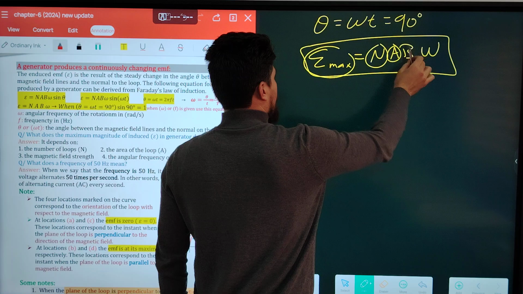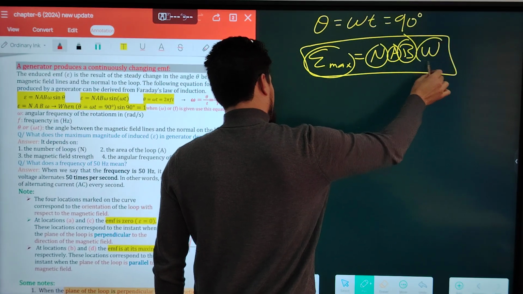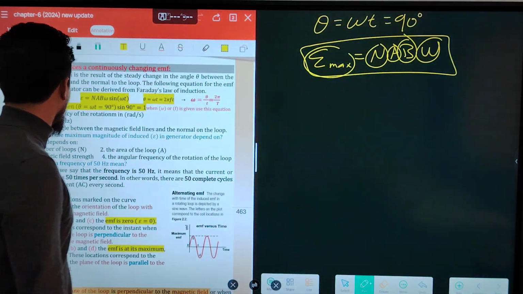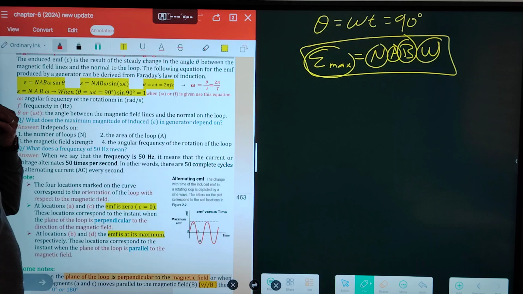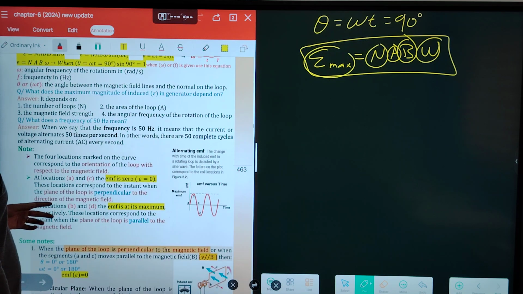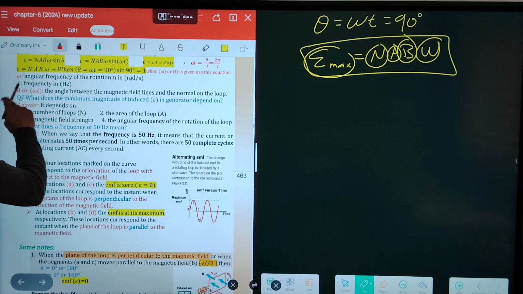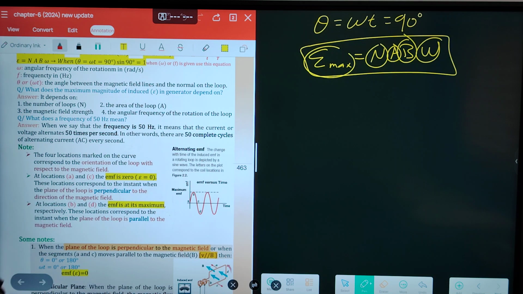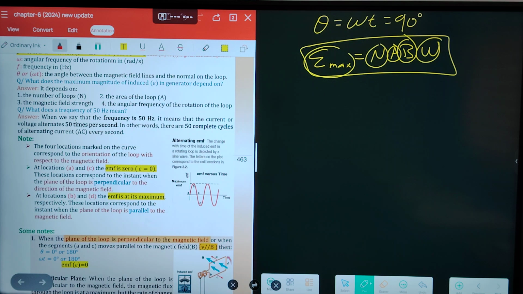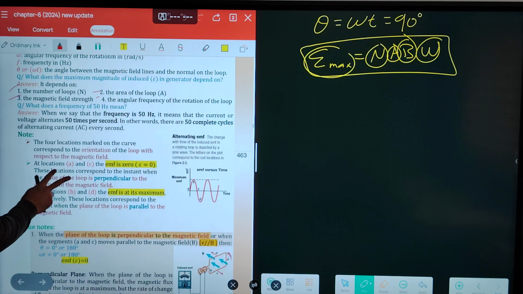Number of turns, area of the loop, magnetic field, and angular speed or frequency. We studied this fact: four factors.